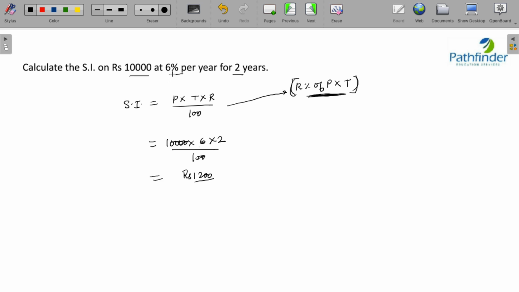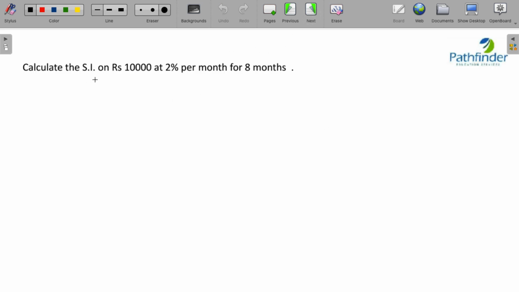You could have also calculated 6% of 10,000 and multiplied it by 2. You will get the same result. It has to be the same result. Next, calculate the simple interest on rupees 10,000 at 2% per month for 8 months. Now, your period is 2% per month.